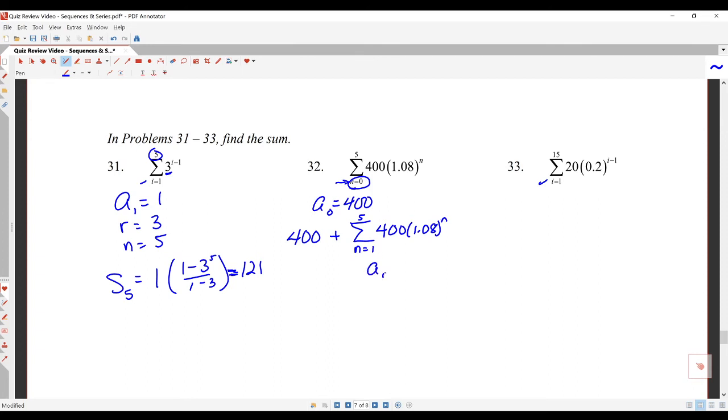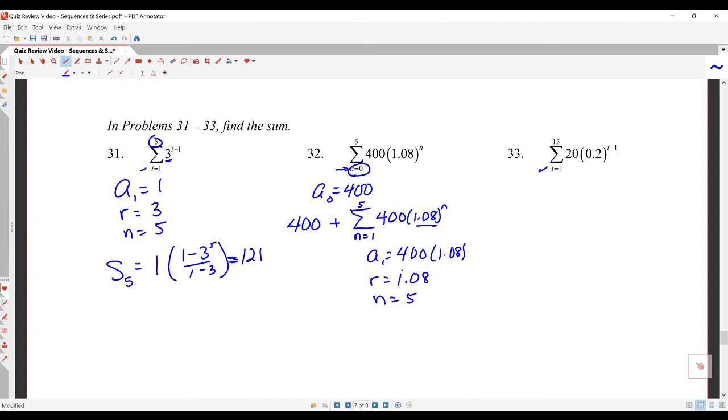So now my first term, if I plug in 1, I get 400 times 1.08. My R is the base of the exponential, 1.08, and my n is going to be 5.